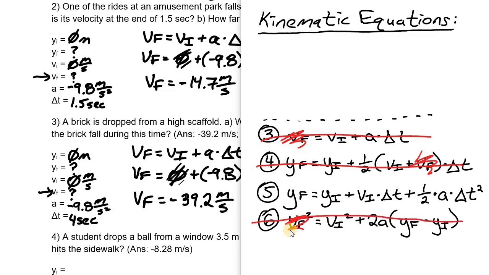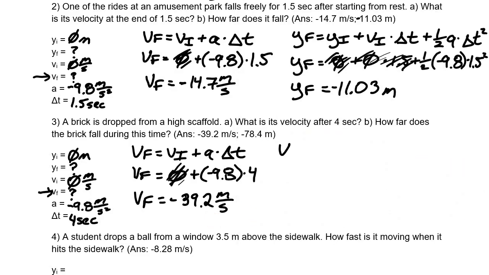Process of elimination once again helps us out, indicating that we're going to be using equation number 5 to find our YF, our final height. What's nice is that our variable YF is already isolated, so all we have to do is plug this in the calculator and we'll get our answer.